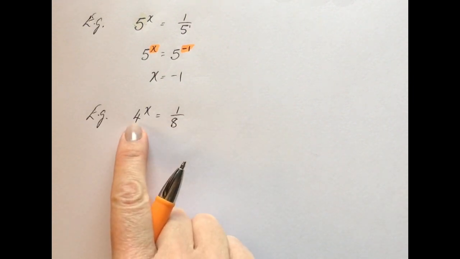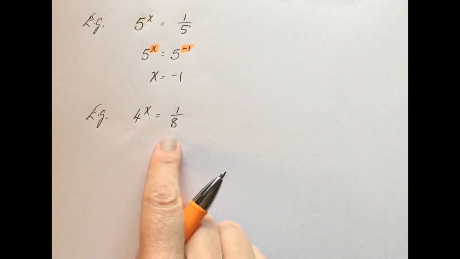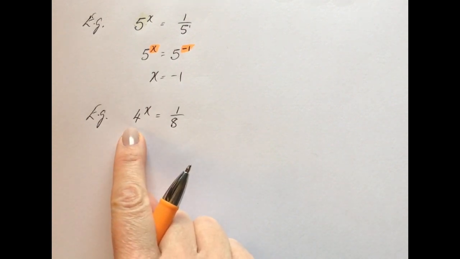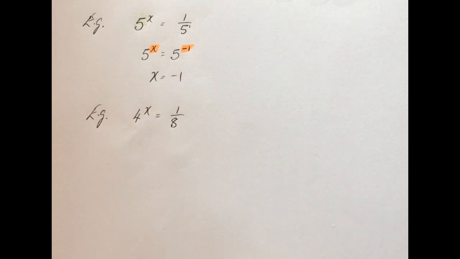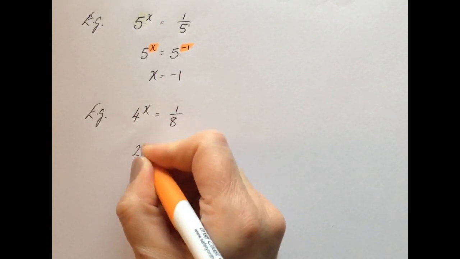Okay, so since I can't write 8 as a power of 4, let's try writing them both as powers of 2. Because 4 can be written as a power of 2 and 8 can be written as a power of 2 as well. So let's try that as our first step. So writing 4 as a power of 2, I get 2 squared.